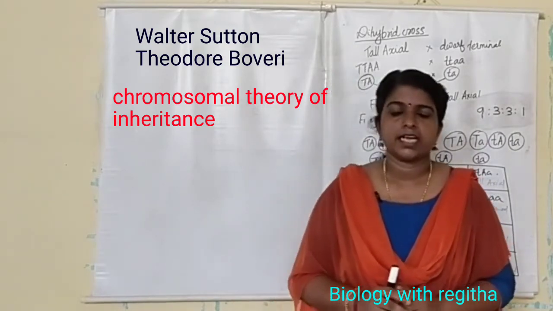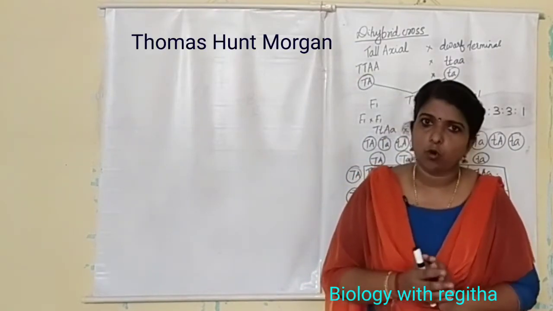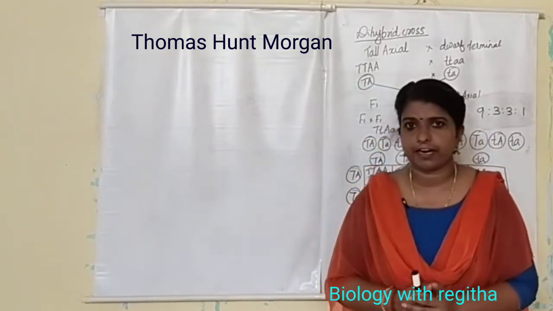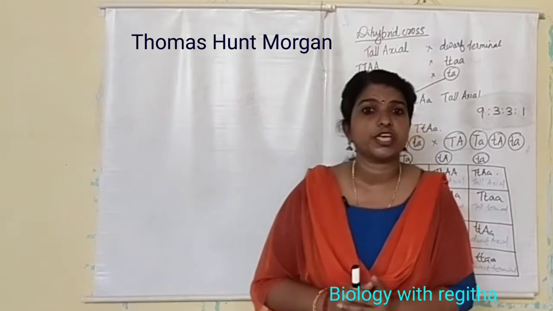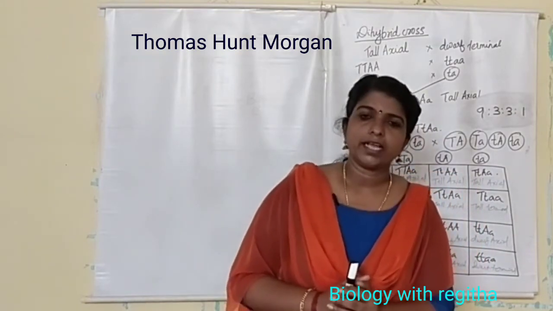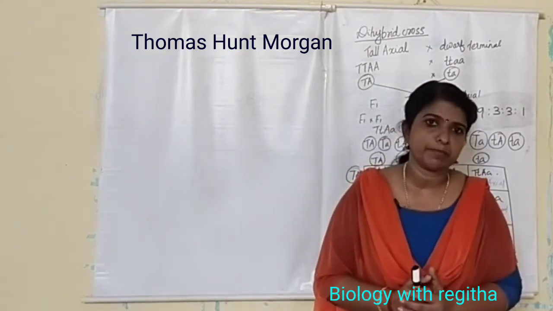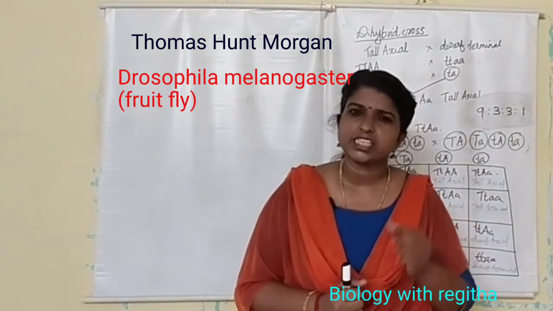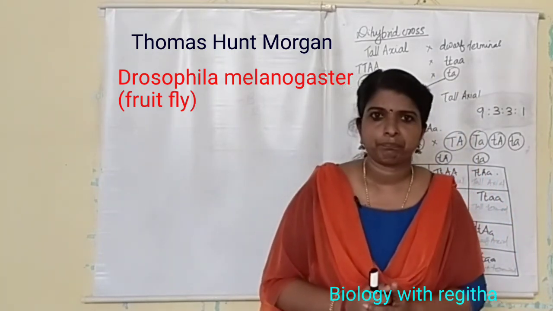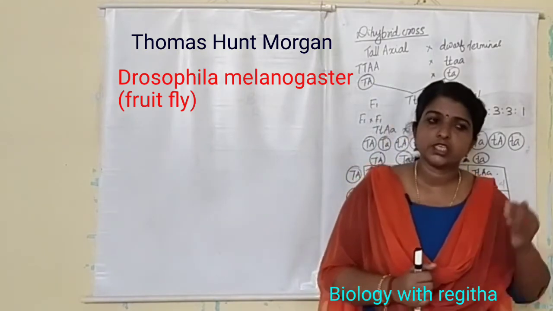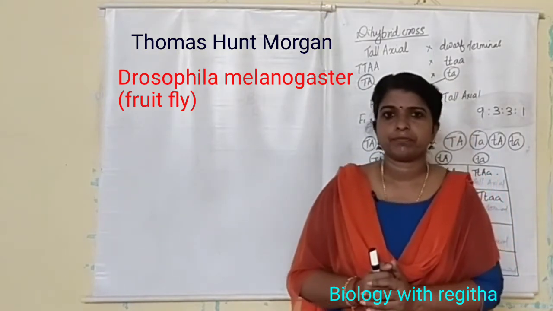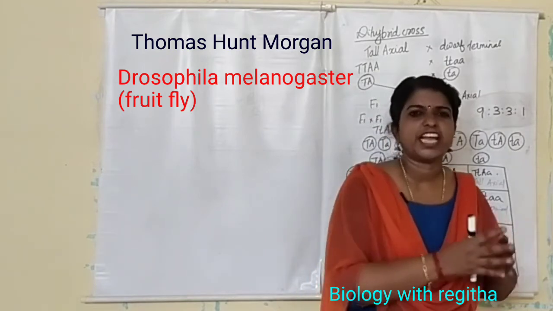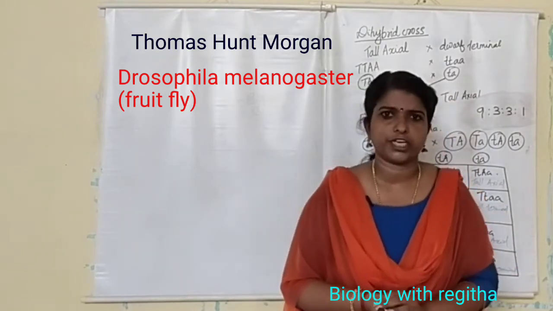T.H. Morgan, Thomas Hunt Morgan, experimentally verified the chromosomal theory of inheritance by performing certain experiments in Drosophila melanogaster, the common fruit fly. He selected Drosophila because it can easily be cultivated in any synthetic medium in the laboratory.